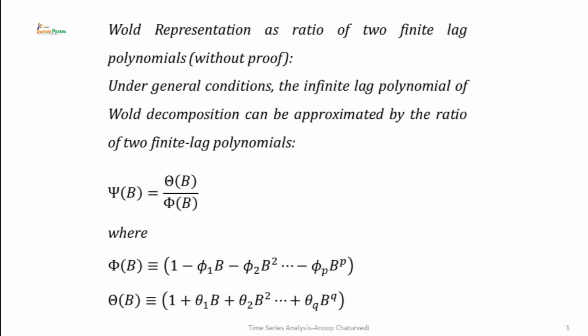So, now the number of parameters is finite. Actually, psi(B) has p plus q parameters: p parameters phi_1, phi_2, phi_p, and q parameters theta_1, theta_2, and so on theta_q. Actually, this second representation forms the basis of ARMA processes, which we will discuss later on.